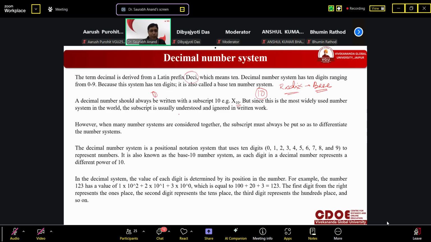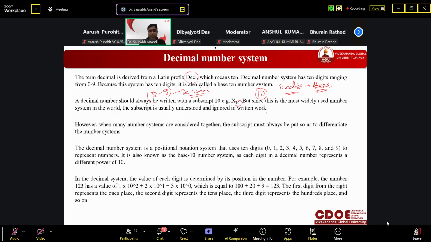So it will go up to 9. So the numbers 0 to 9 are known as decimal. Any number written using these digits, from 0 to 9, will be known as a decimal number. But whether it is decimal or not is represented by this radix.